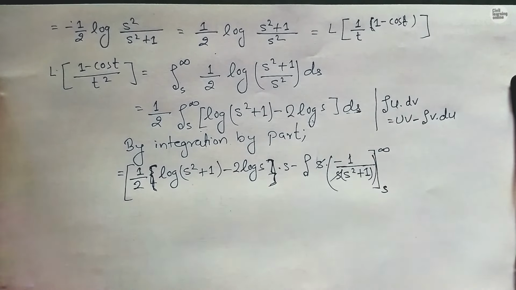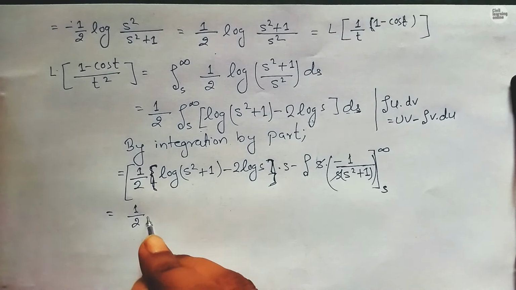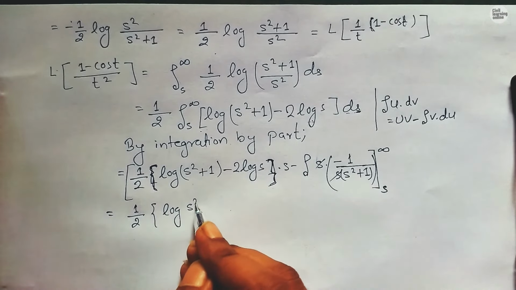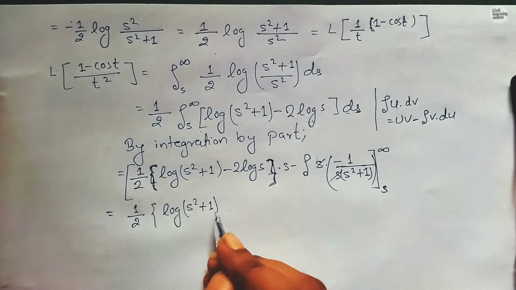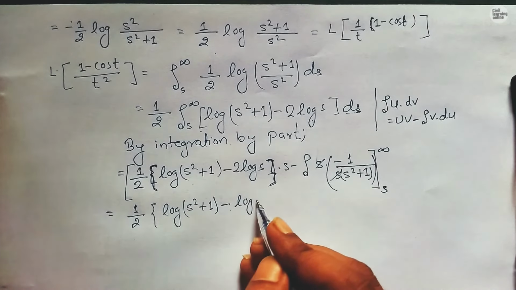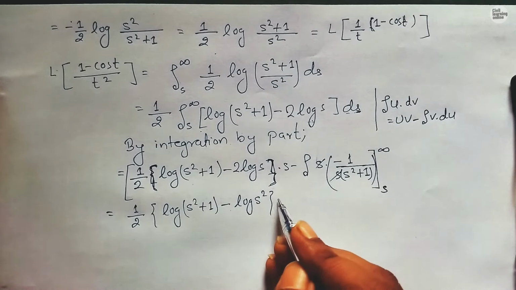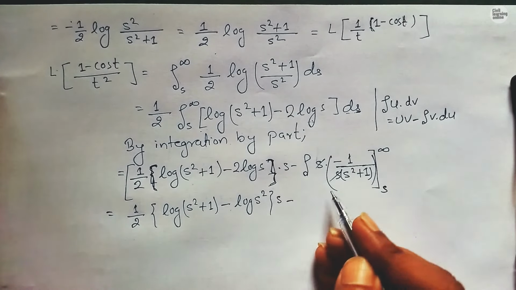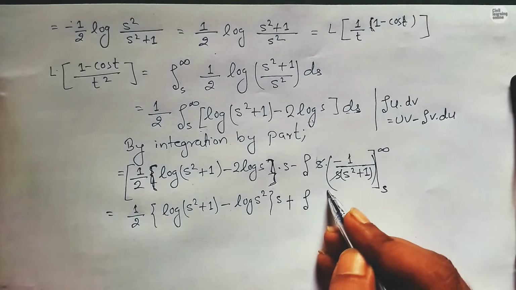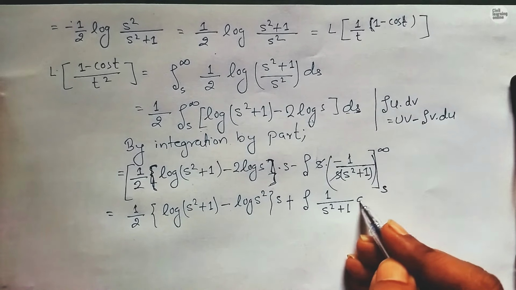So I am going to write one more step here, that is 1 upon 2 and this curly bracket log s square plus 1 minus log s square, multiplied by s, minus will get plus integration of 1 upon s square plus 1 ds.